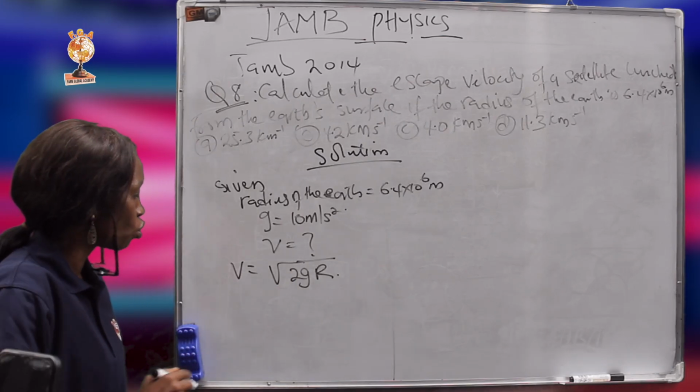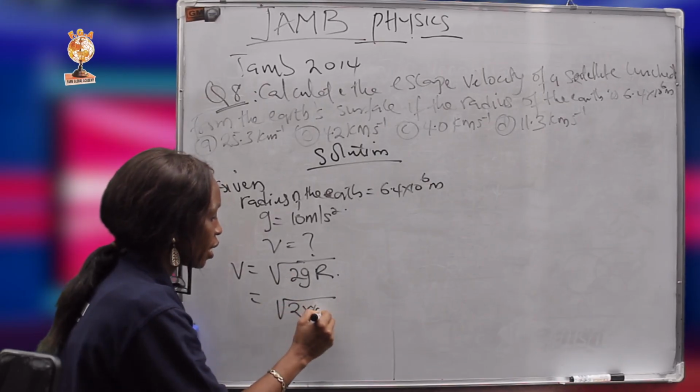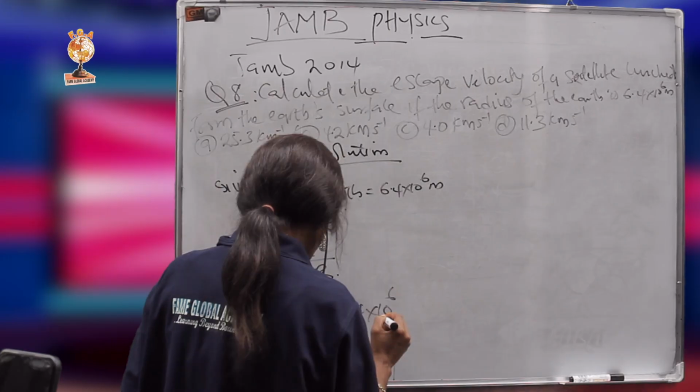So v is equal to the square root of 2gr, and all I need to do is to input it. Now 2 times g, which is 10, times 6.4 times 10 to the power 6 meters.